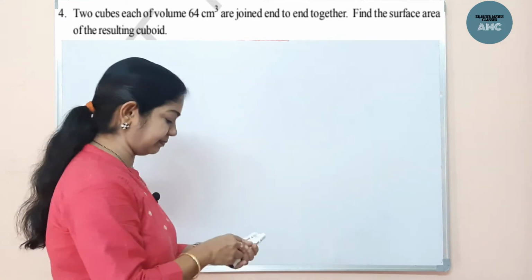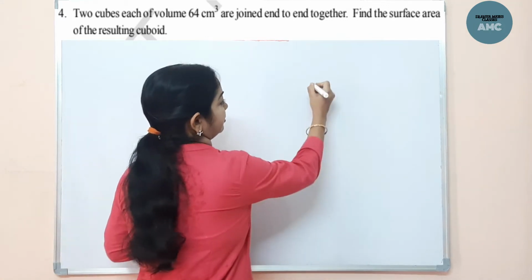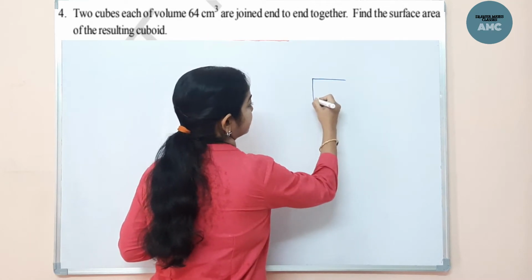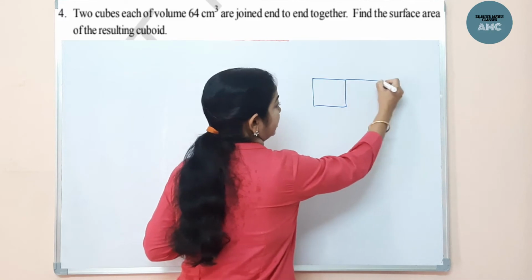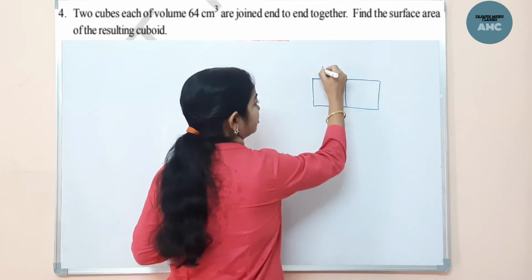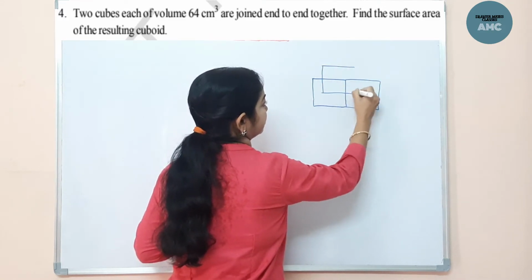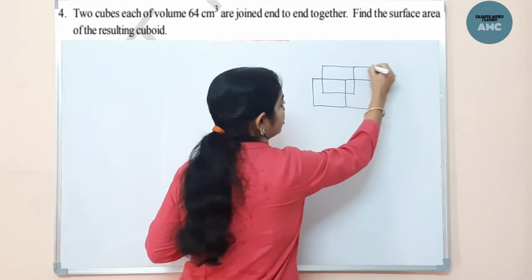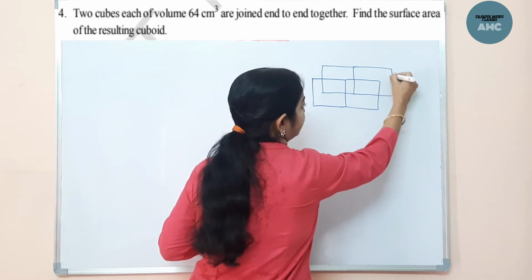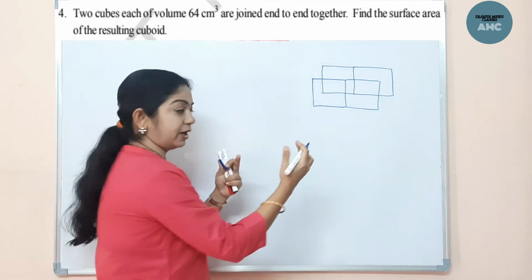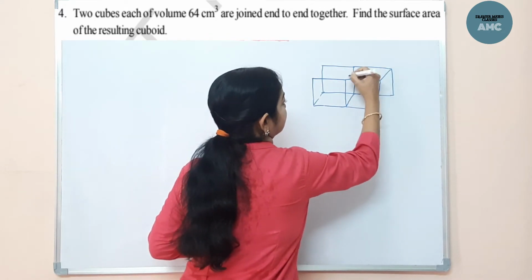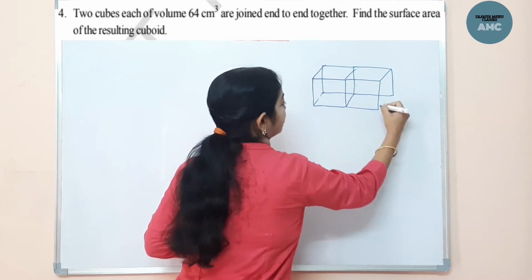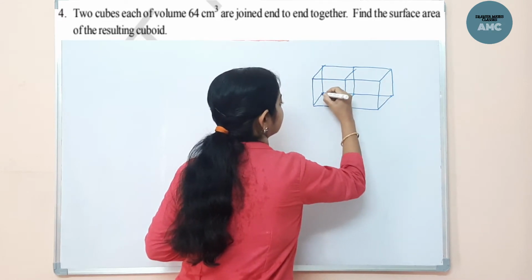Now 2 cubes, let me draw the diagram here. Let me draw this 1 cube, right? Let me take another cube also. See here, if 2 cubes are drawn attached end to end to each other, we can only visualize, that's it.